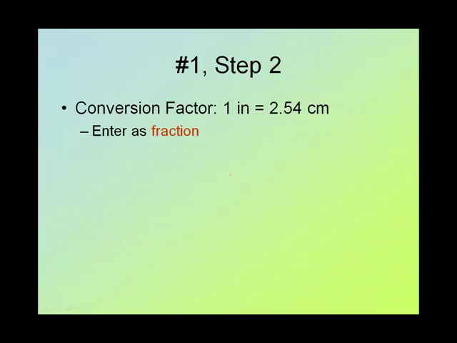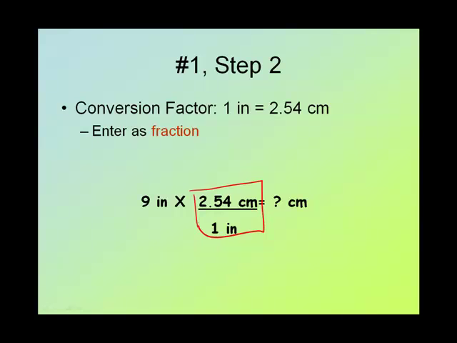You enter it as a fraction, where we start off with 9 inches, and we multiply by our conversion factor. Notice how inches are on the bottom, because that's how they're going to cancel. And we're going to be left over with centimeters, which is what we want.